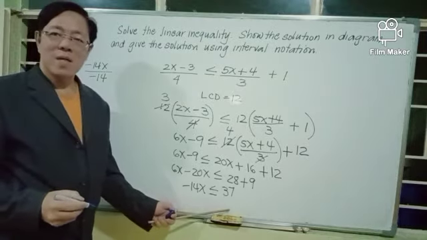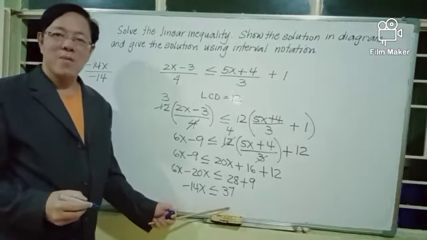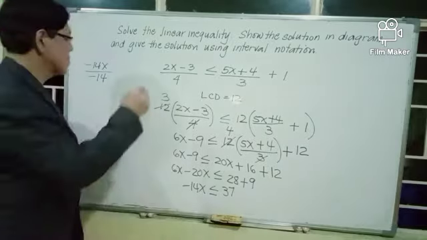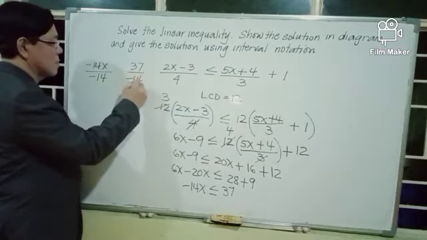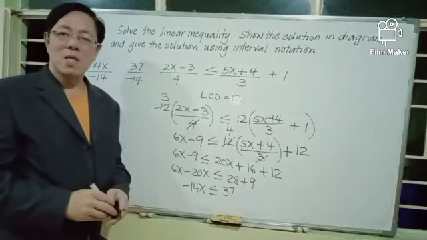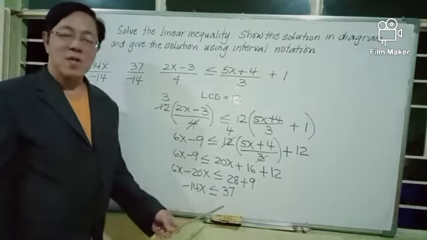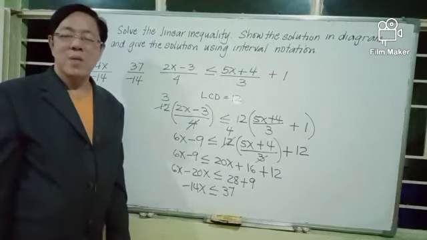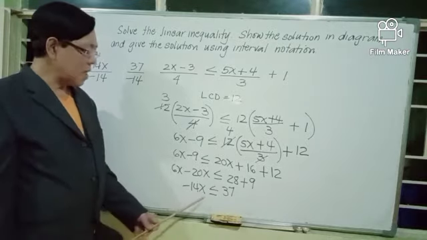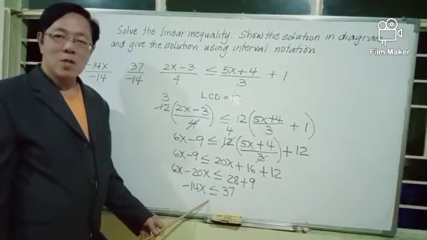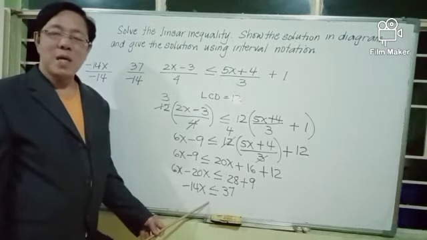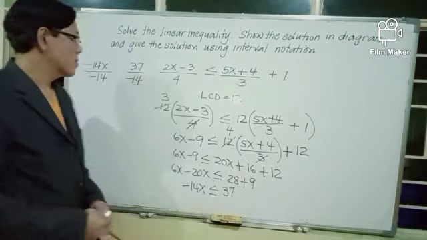And we also divide the right hand side 37 by negative 14. But because we divided both sides of inequality by negative real number, the inequality sign will be reversed. From less than equal to, it will now be greater than equal to.